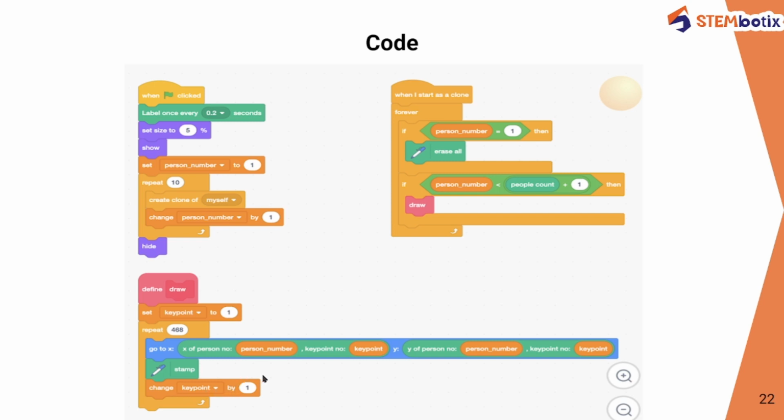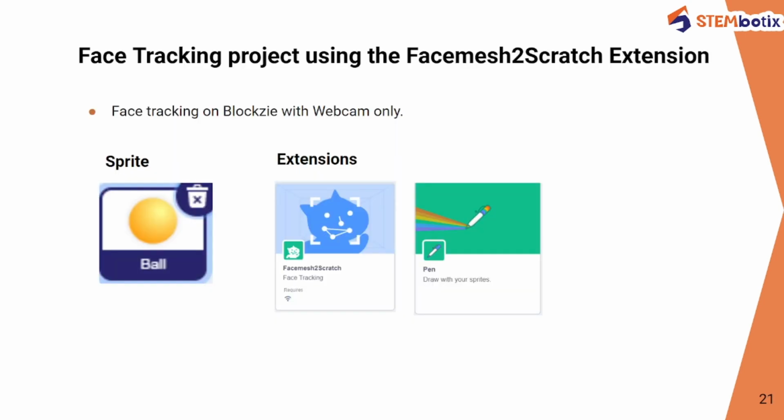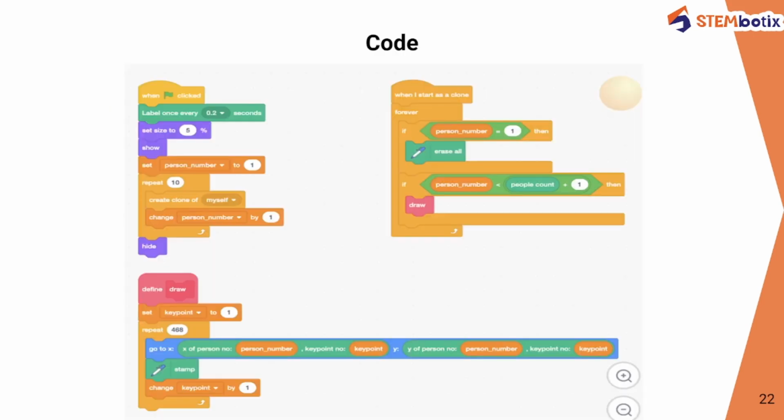So it will again go to another key point, and it will repeat itself again and again for 468 times. That is how one person's face is going to be projected or tracked on the screen. So this is the code using the face mesh to scratch extension for face tracking.